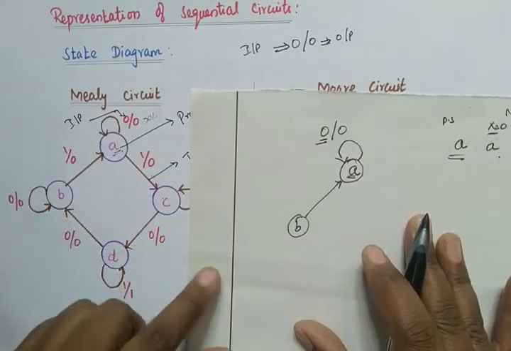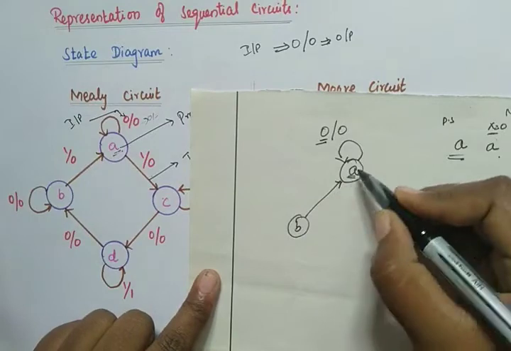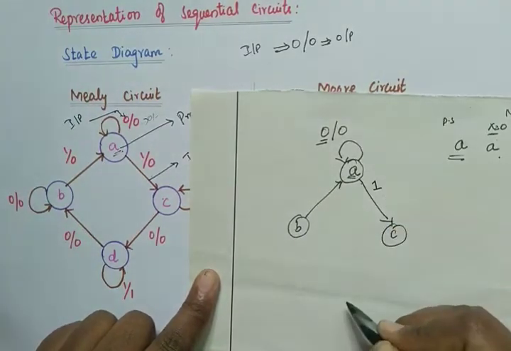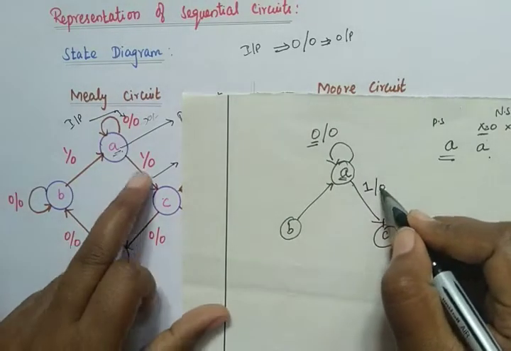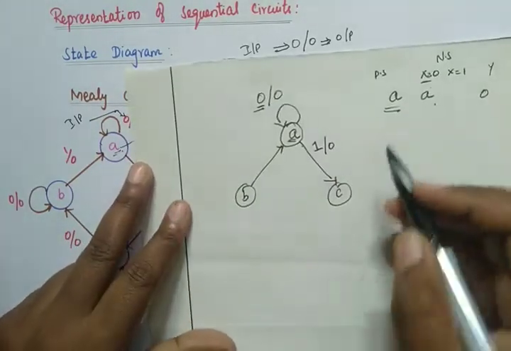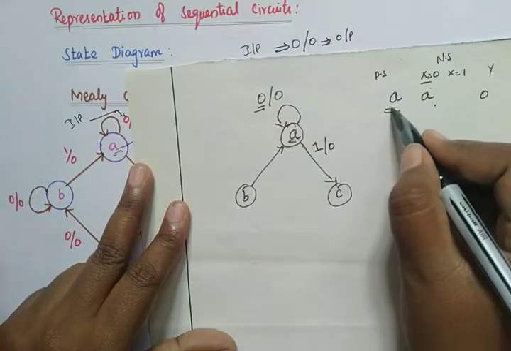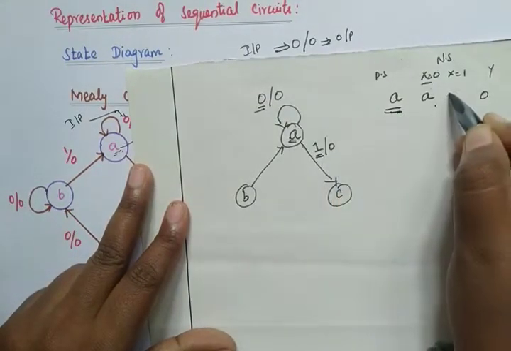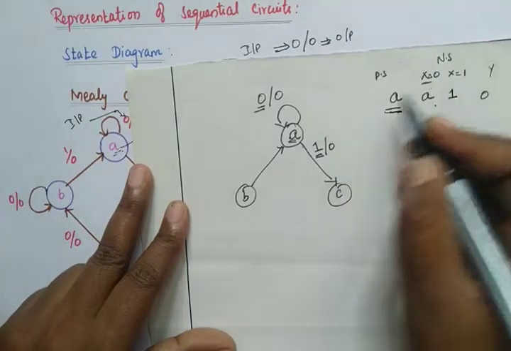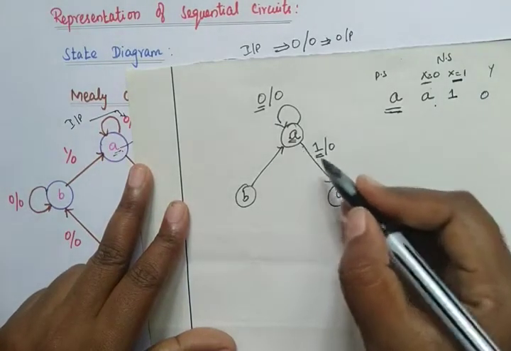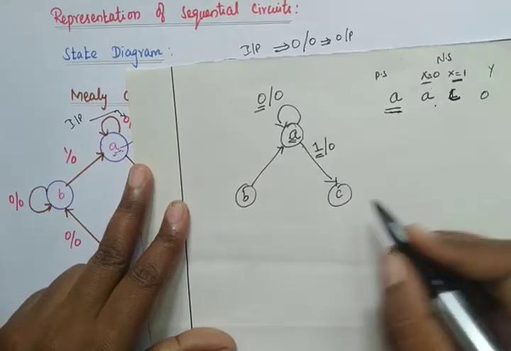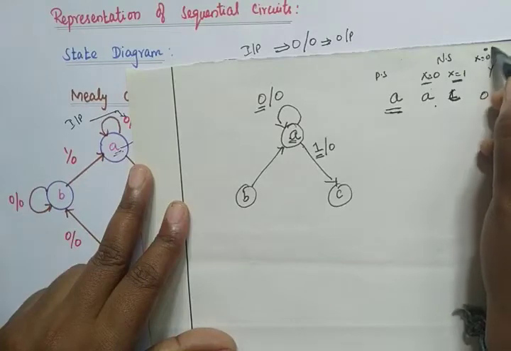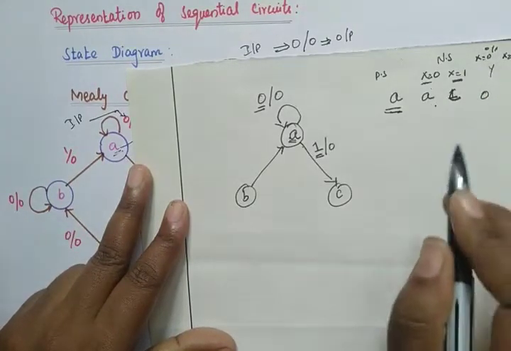Next, if our present input is 1, now what happens? Here this is mentioned as 1 by 0. If the present state is A and x is equal to 1, it will move to the state C. This represents the output and this represents the next state.